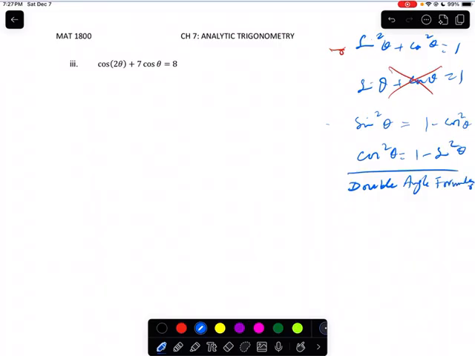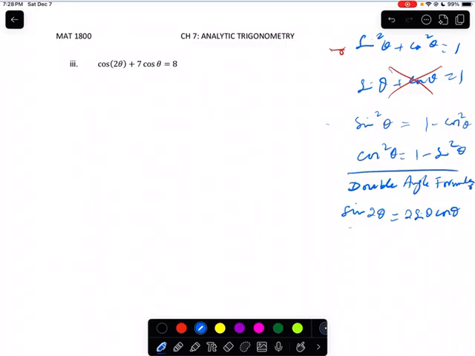So what are those formulas? One is for sine 2 theta: sine 2 theta is equal to 2 times sine theta cosine theta. Why are we calling them double? Because on the right hand side we have theta, and on the left hand side we have double of theta.